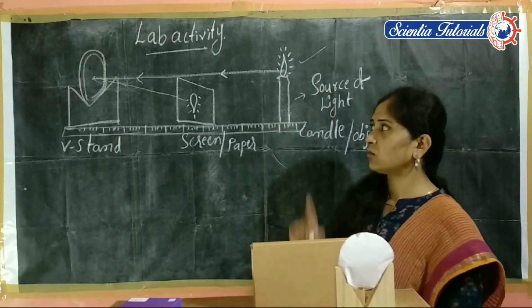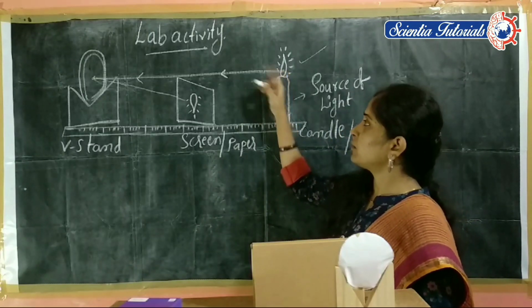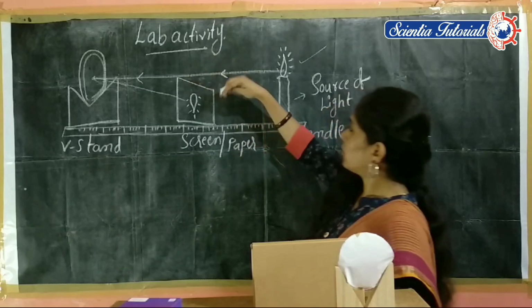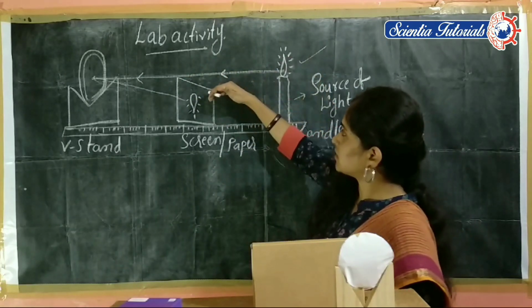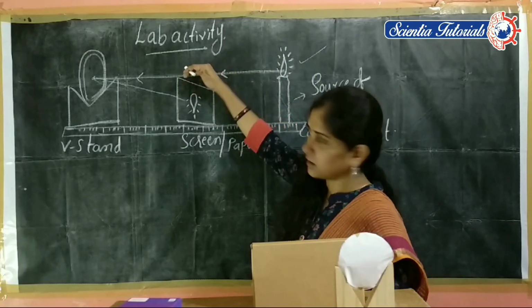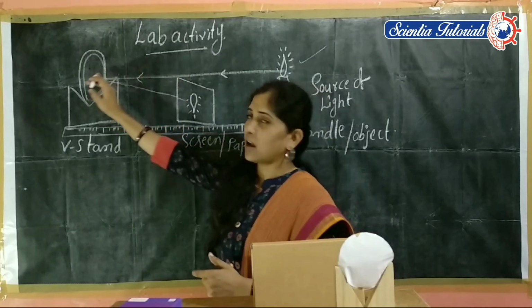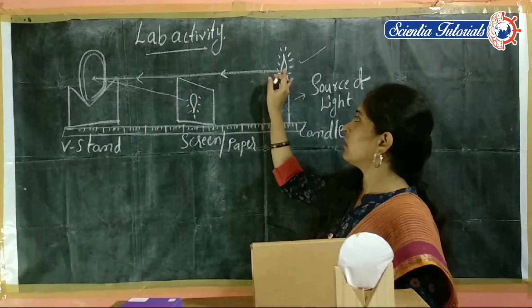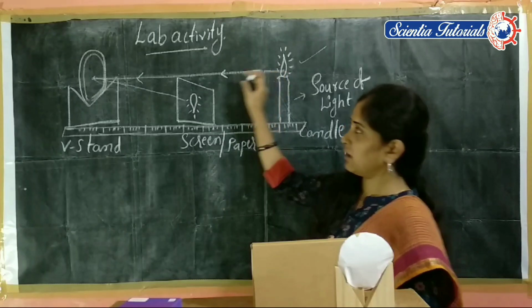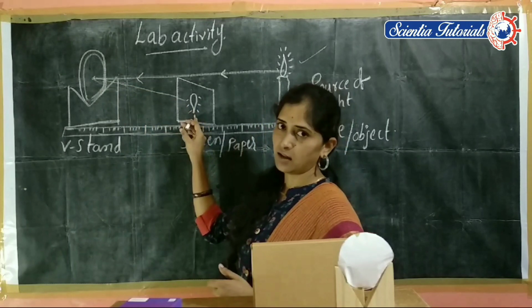One thing we have to note here: the flame should be at a certain height relative to the screen, and the flame's light rays should fall on the concave mirror. The light coming from the flame falls on the concave mirror, gets reflected, and gives the image on the screen.